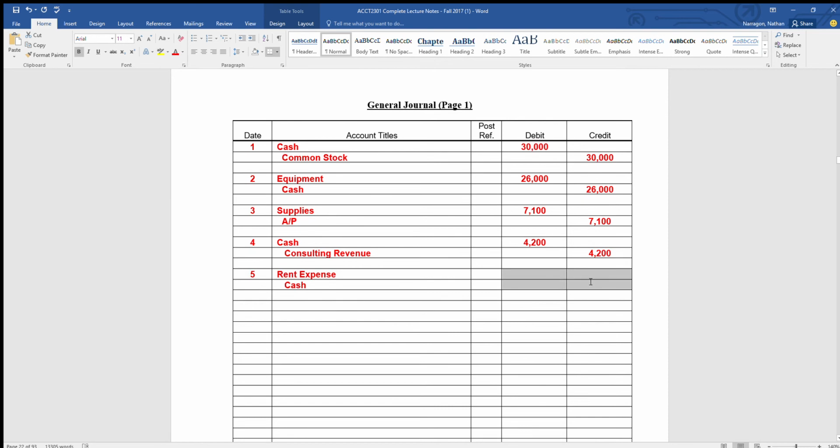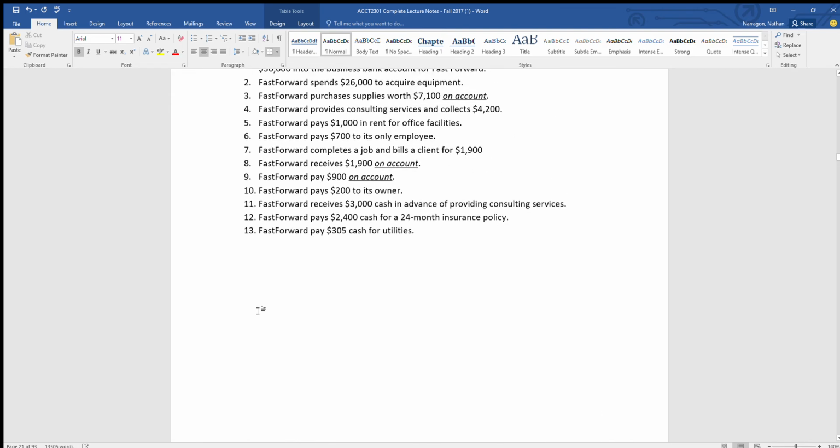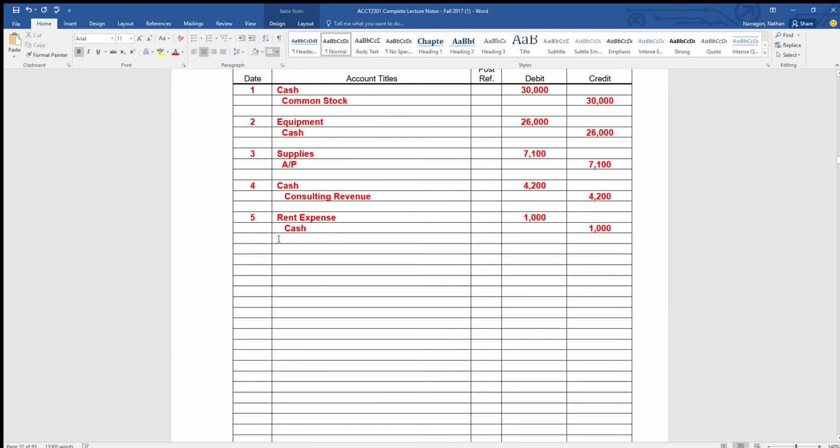And again, since we're only doing 2, debit credit. Alright. Question 6. We now pay $700 to our only employee. Our only employee finally gets paid. So that's again like a salaries expense. So again, it's an expense, cash went out, and we put our debit and credit.